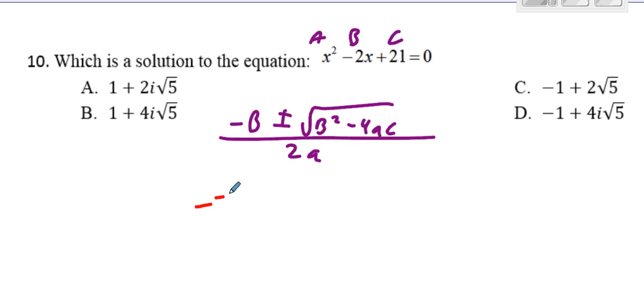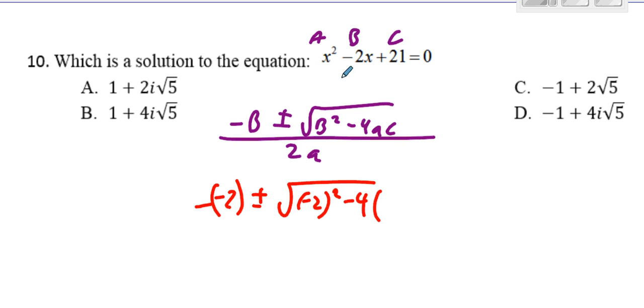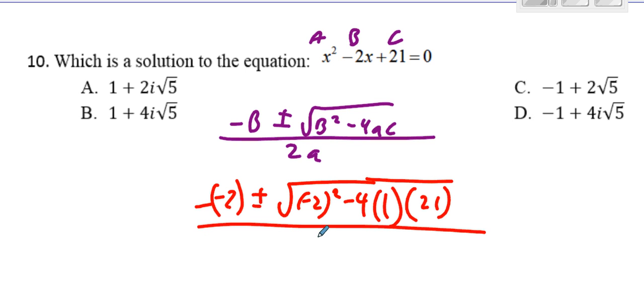So it's negative 2 plus or minus the square root of negative 2 squared minus 4 times a is 1 times c is 21 all over 2 times a, which is 1. Work out the inside of your square root.